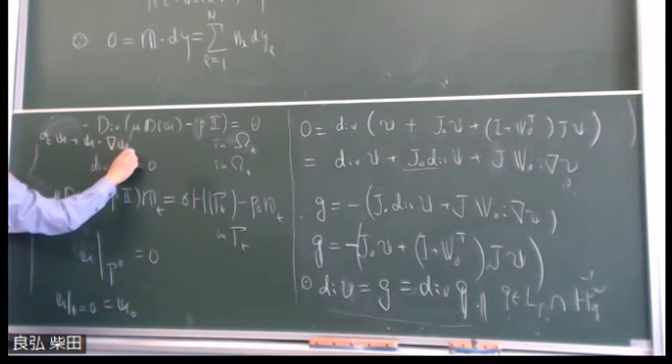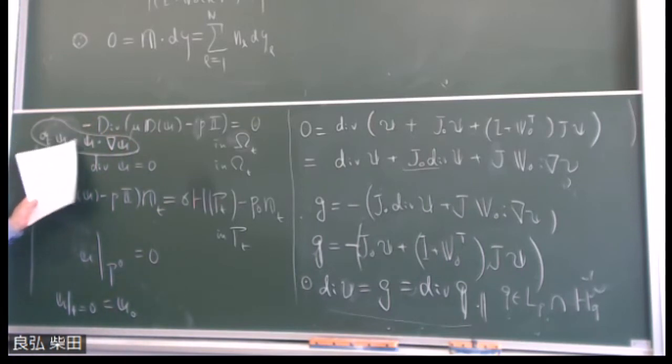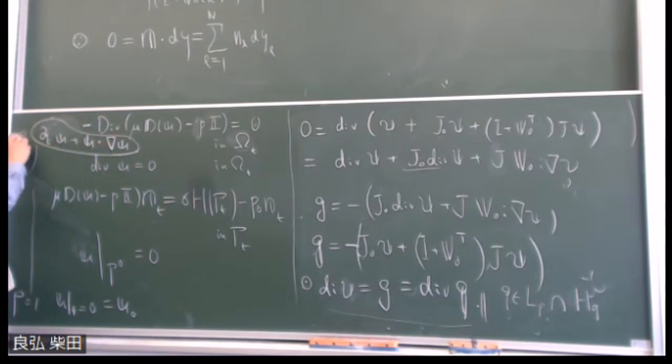Yeah, it's the material derivative. I forgot it. And then rho equals 1. If you remember the equation of momentum, then rho times dtu plus this material derivative of the velocity field, the time derivative of u, is equal to this one.